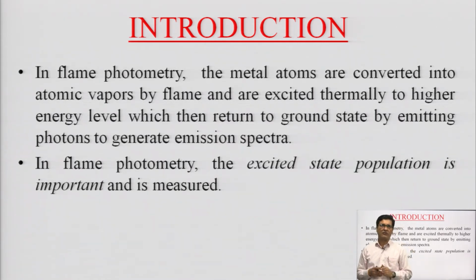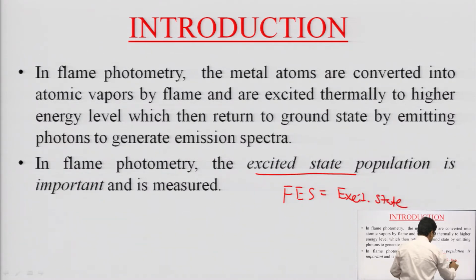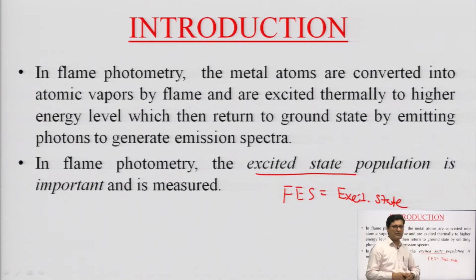Therefore, in flame photometry the excited state population is important and is observed and measured. This is a very important statement to keep in mind: for flame emission spectroscopy the most important population is the excited state population. In upcoming lectures we will discuss another technique that focuses on the ground state population.